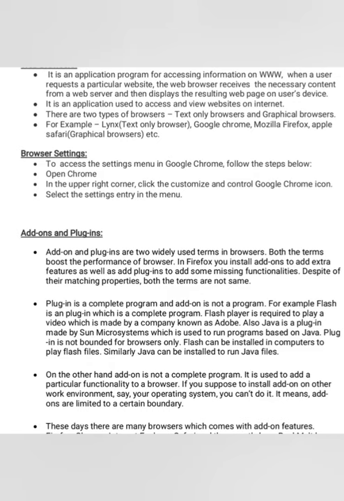For example, if we are talking about Google Sheets or Adobe Reader, these are the properties which are used by the browser to open a particular PDF file or a particular Excel sheet. So these are examples of plugins, which are not complete programs that you need to install completely or separately.